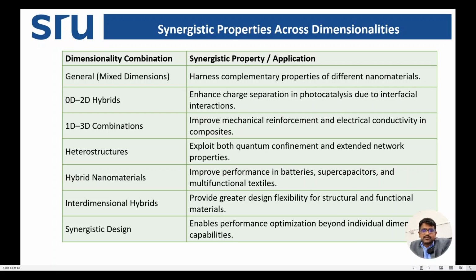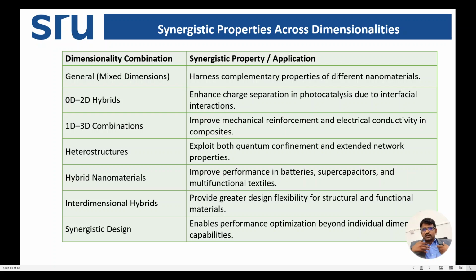Hybrid nanomaterials means mixing 1D, 2D, 3D, 0D, 2D, 3D, likewise different combinations. These different combinations improve performance in batteries, supercapacitors, and multifunctional applications. Interdimensional hybrids provide greater design flexibility. By selecting these different combinations, you can improve your efficiency.